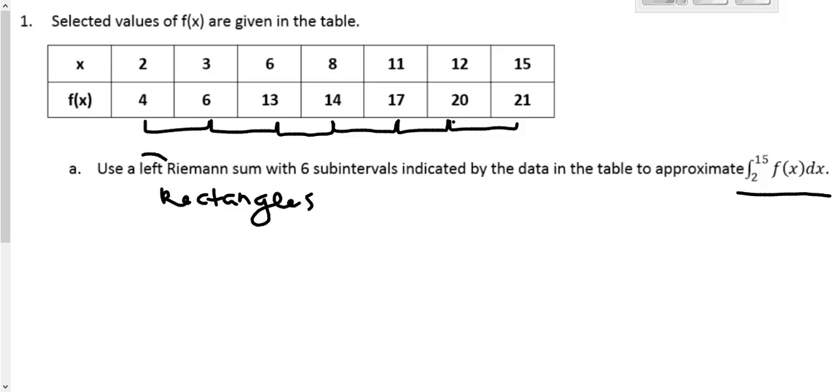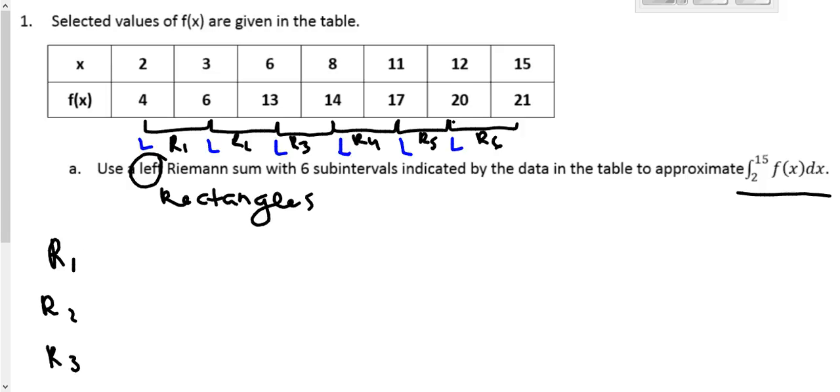And we are using a left Riemann sum, so that means we need to use the left endpoints when we find the area of these rectangles and add them all together. We can call these rectangles R1, R2, R3, R4, R5, and R6. So we need to find all these areas and then add them all up.